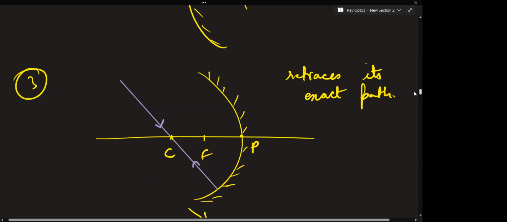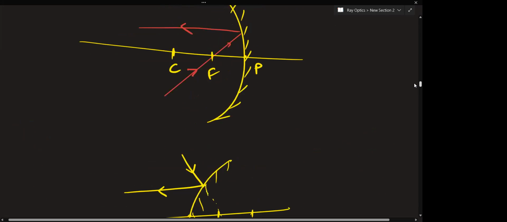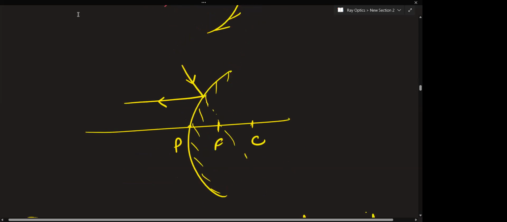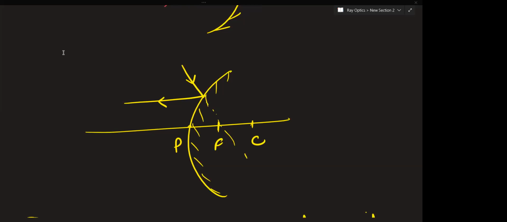Teacher, can you please go to the previous diagram? This number one? No, the one below this. Yes, teacher, I'm done.